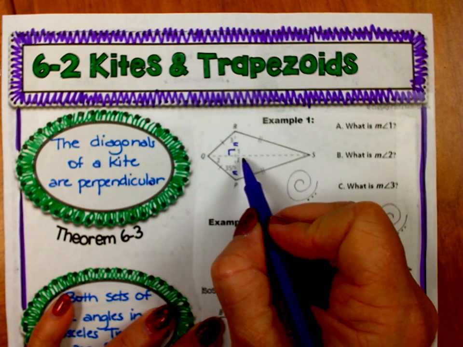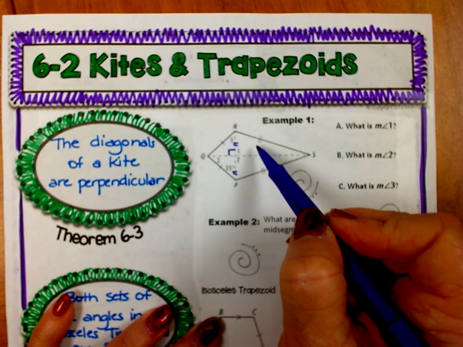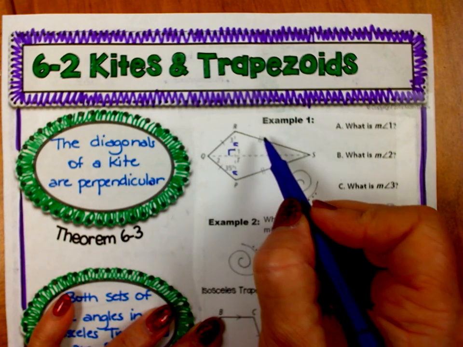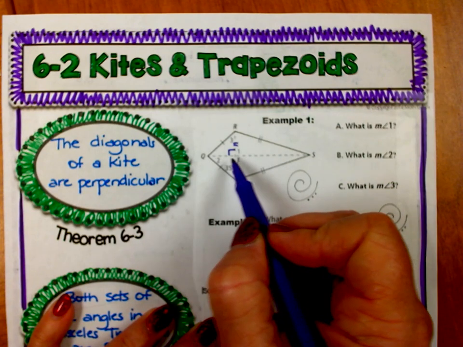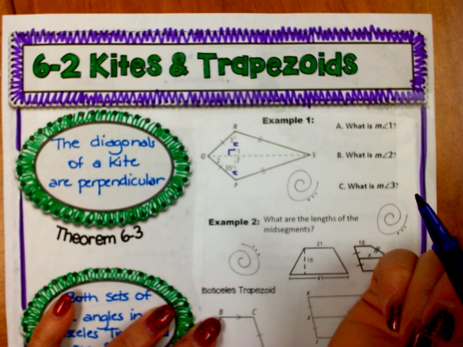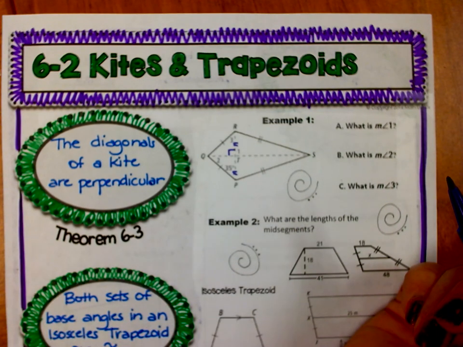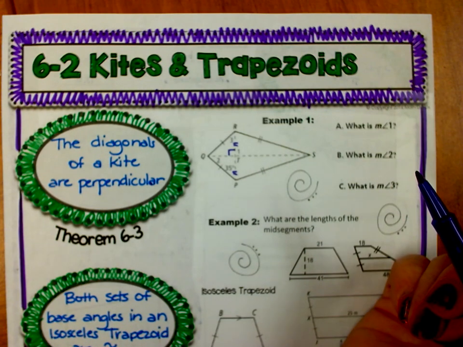Since TS is congruent to itself, then we can say that these 2 triangles are congruent because of side, side, side. And likewise, since QT is congruent to itself, then we can say that these 2 triangles are congruent also by side, side, side. So we can break a kite up into 2 sets of congruent triangles.